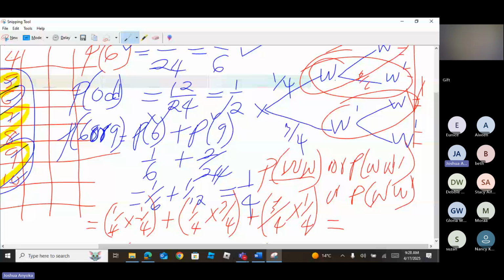That will give you the answer. You get this one, you add this, you add this.